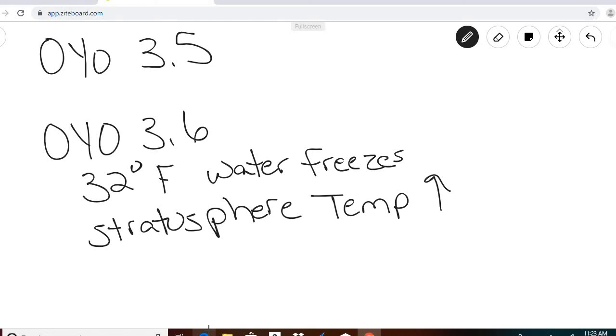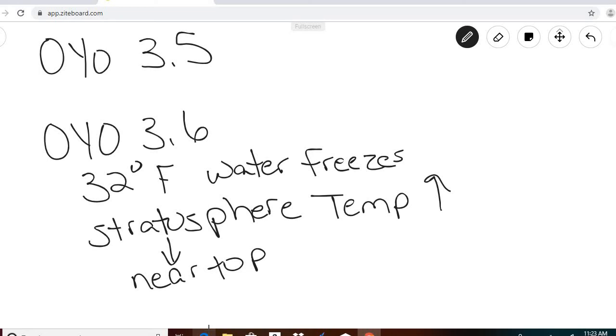The temperature near the top of the stratosphere is 40 degrees Fahrenheit, which is above freezing, and the water would melt at that point.